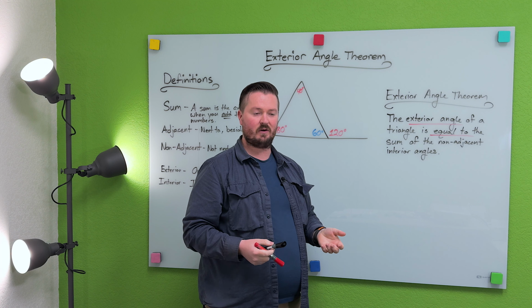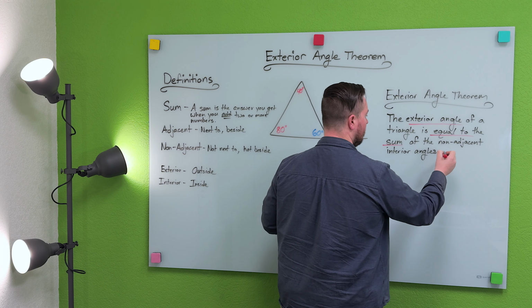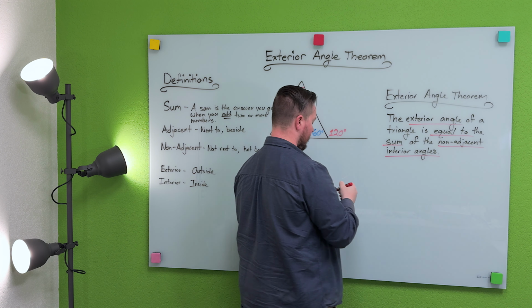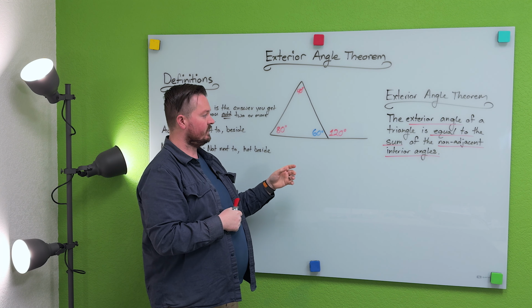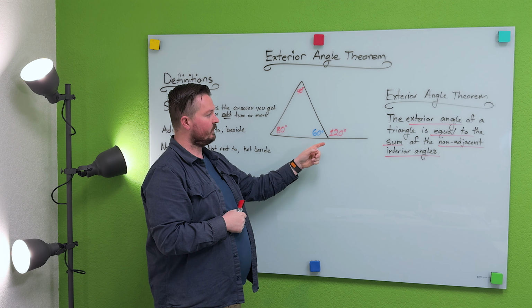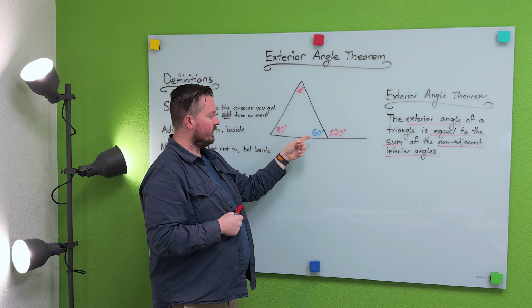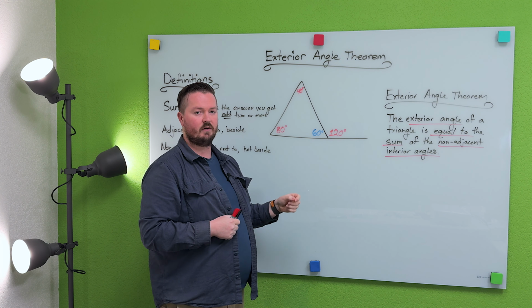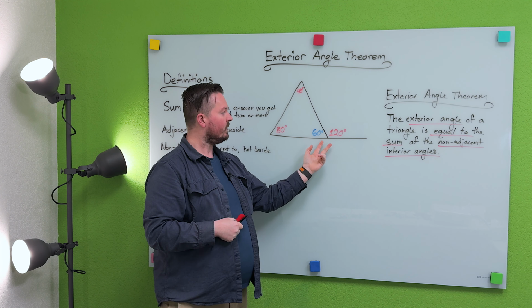So many, many words. So sum. And now we're focusing on the non-adjacent interior angles. So non-adjacent means not next to. So since we're focusing on the exterior angle, 60 degrees is adjacent to 120 degrees because these two angles are next to each other.